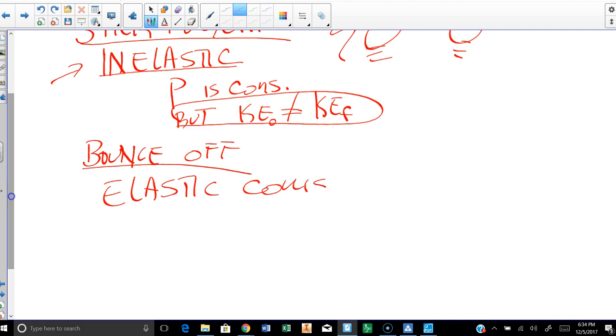Now, in elastic collisions, one of the key features is that kinetic energy is conserved. I'm going to point out now that this is theoretical; we're going to look at perfectly elastic collisions.